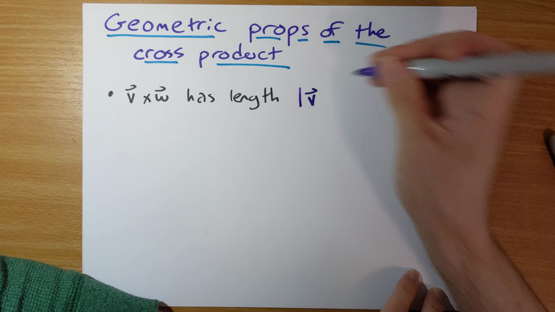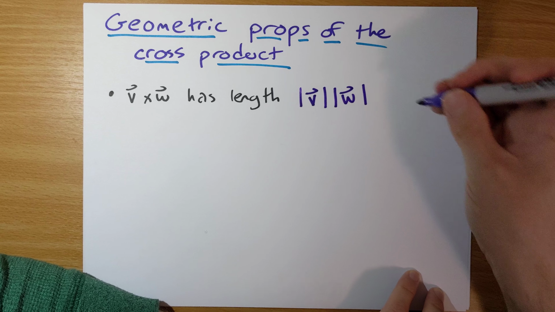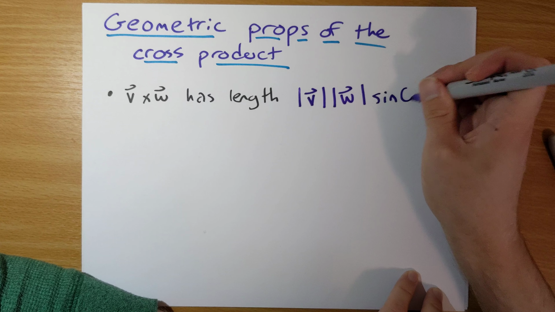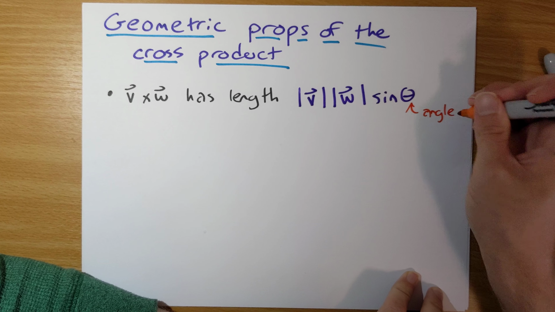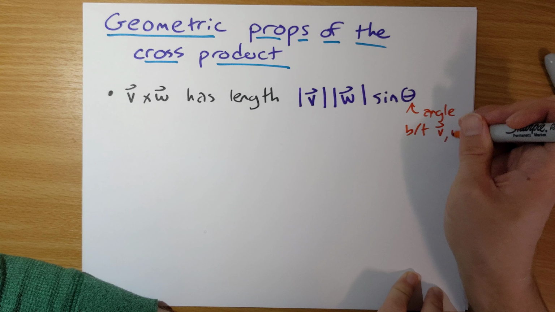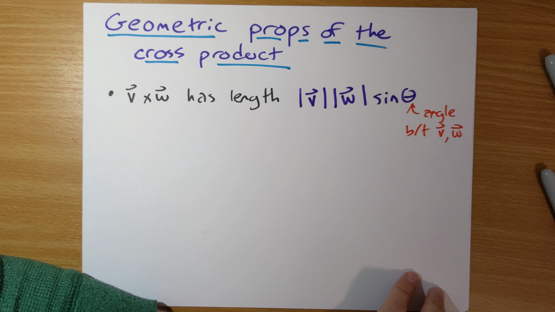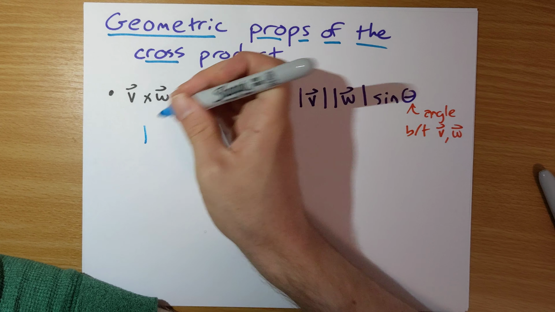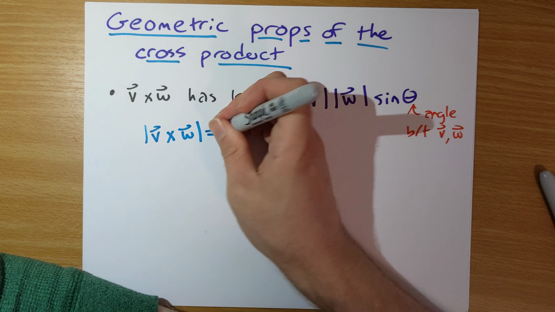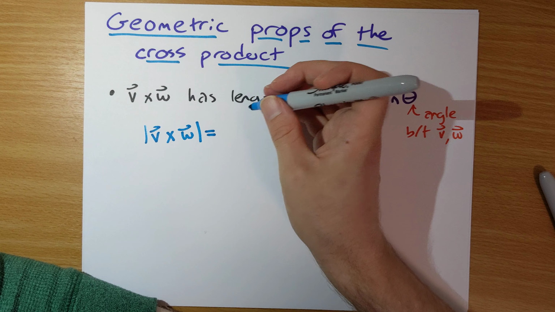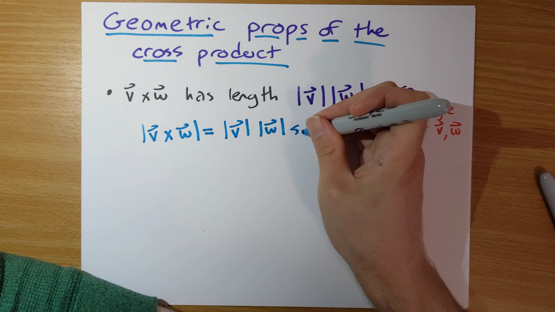It's the magnitude of V times the magnitude of W times sine of theta, where this is the angle between V and W. In other words, the magnitude of V cross W is equal to the magnitude of V times the magnitude of W times sine theta.